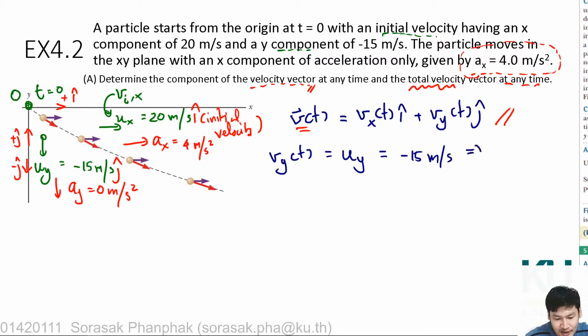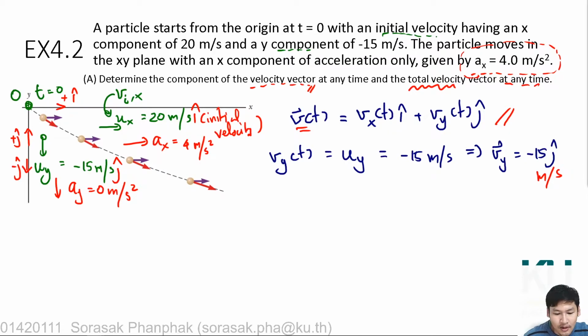As a vector, your Vy is minus 15 j, unit meter per second. And this is how you get the information of the velocities.